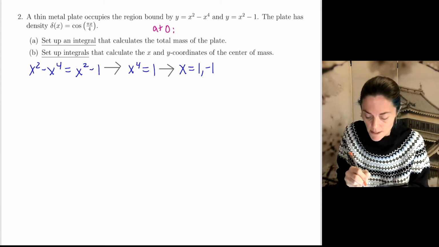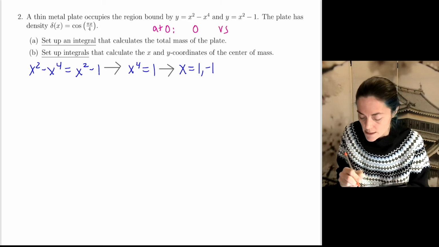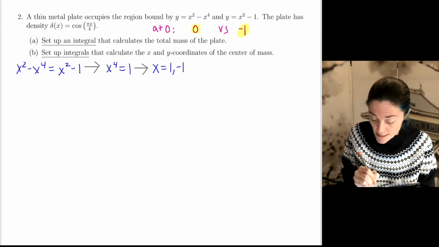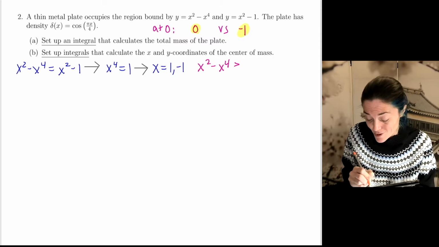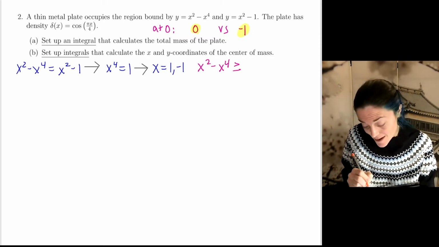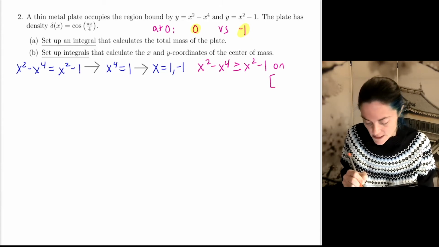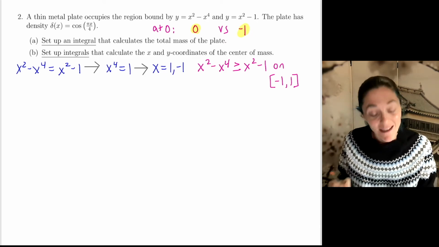Well, this first one is 0, and this one is negative 1. And so that tells us x squared minus x to the 4th is bigger than or equal to x squared minus 1 on this entire closed interval, which is minus 1 to 1. This will help me set up the right integrals.